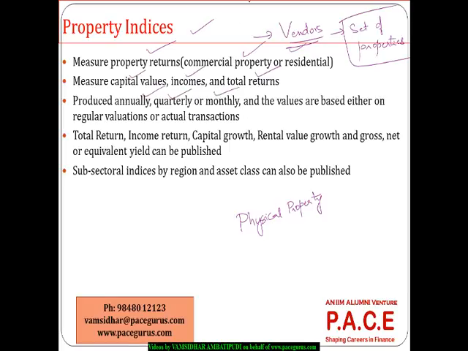Each of the different vendors provide the data on different kinds of mechanisms. So either their values are based on regular valuations that are being done on the properties or the actual transactions that are happening, buy-sell transactions that are happening on the different properties in different geographies. So they publish the data relating to total return, income return, capital appreciation, the increase in the rental values. All these things can very well be published by them. And some of these indices providers are even providing subsectoral data.